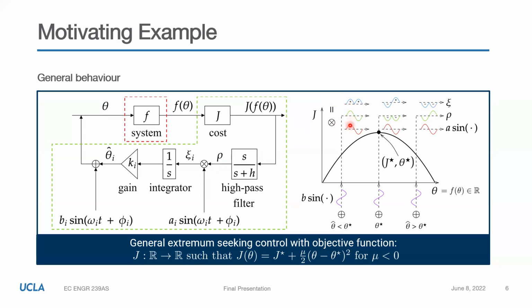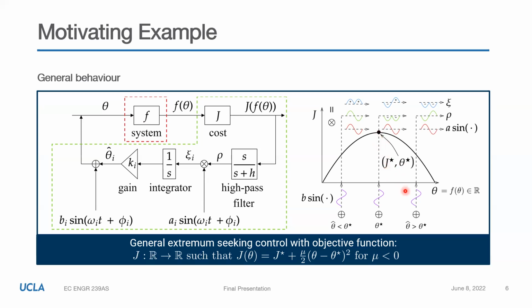As you can see here, positive times positive is positive, negative times negative is a positive, to the left of J star, theta star, J star being the optimal value of J, theta star being the value of theta at which J star occurs.